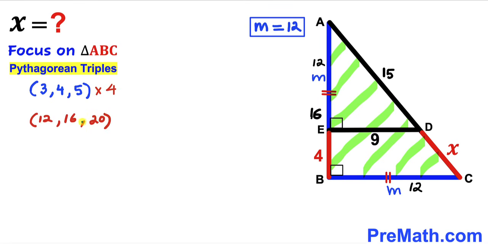So our new Pythagorean triplet is 3 times 4 is 12, 4 times 4 is 16, and finally 4 times 5 is 20. So we conclude that the hypotenuse AC length is 20 units.